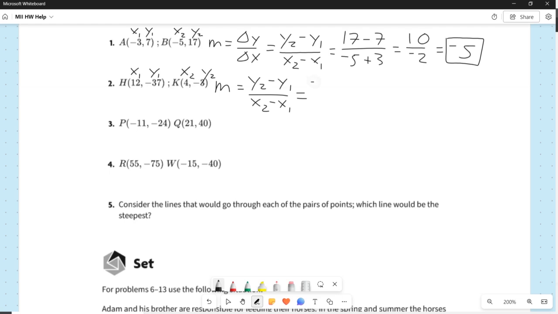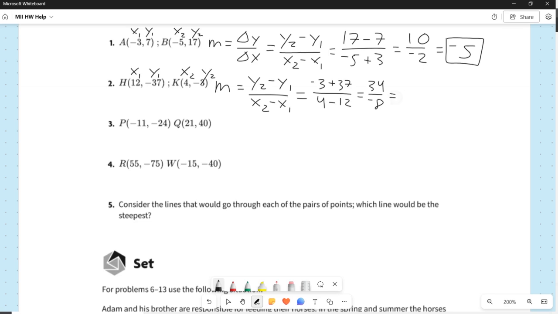So y2 we just said is -3. y1 is -37, but we're subtracting it, so we're going to add 37. x2 is 4, and x1 is 12. And again, we're subtracting. -3 plus 37 is 34. And 4 minus 12 is -8.